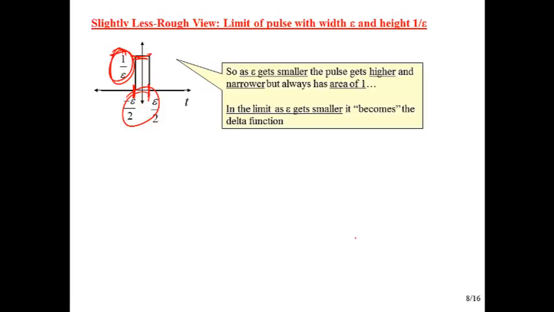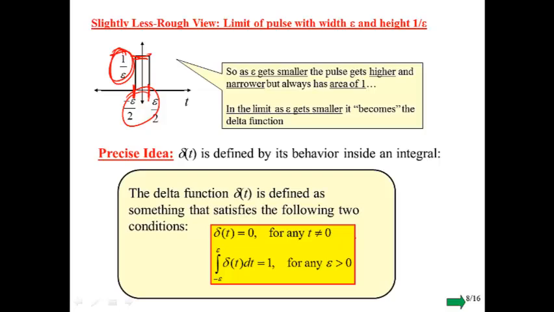There's some funky mathematics involved here in the sense that this limit doesn't really exist, but we'll ignore that for the time being. The precise idea to get around this issue, that as you take this limit there is no real function to which it converges, is that mathematicians say, all right, we're going to make up some weird and wacky thing that we're not going to tell you exactly what it looks like, other than the fact that everywhere it's equal to 0 except at t equal to 0.